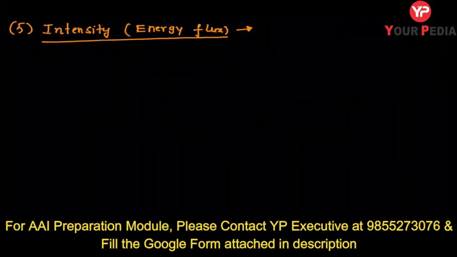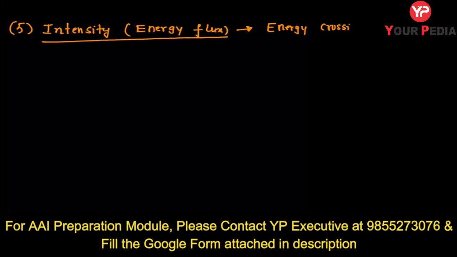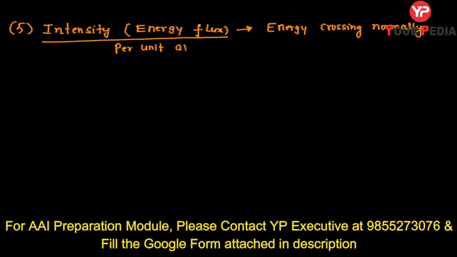Fine. Now see next. Now next is, student, intensity. We also call it energy flux. So it is defined as energy crossing normally per unit area per second.